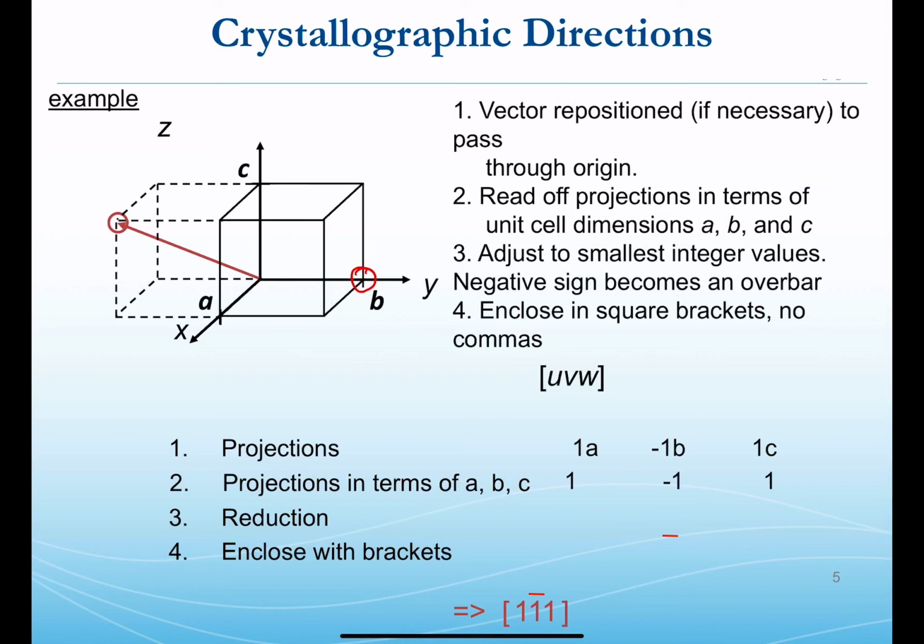To reduce this, to get it ready for its square brackets, we now need to do something with our negative sign. Reduction isn't needed, no fractions here. And now we position that overbar right over top of the middle coordinate for the arrowhead. So we see that reflected here with the red line. So the vector that was provided to us here is the 1, minus 1, 1 direction.